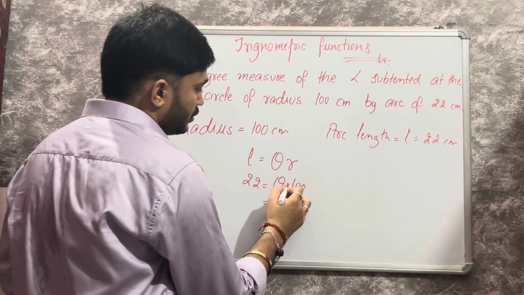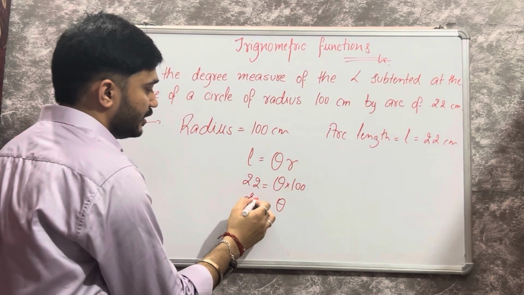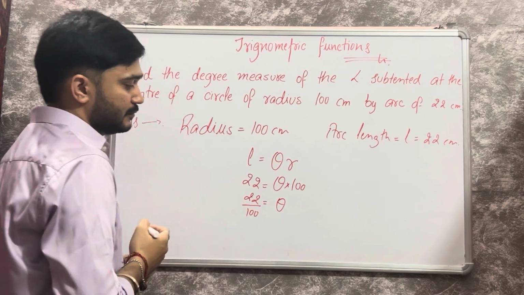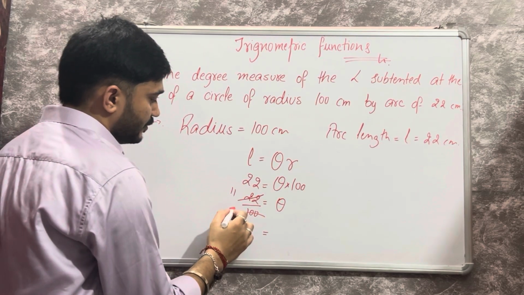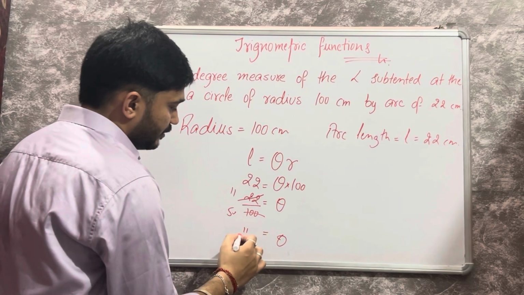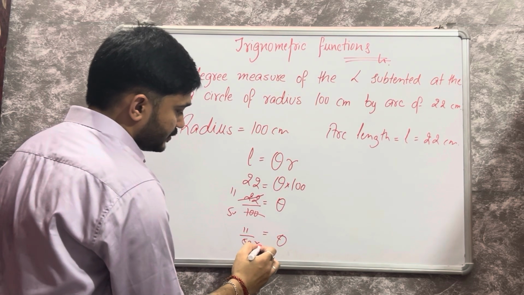So this 100 will get divided to the other side. So theta will be 22 by 100, that is, theta is equal to 11 by 50 radians.